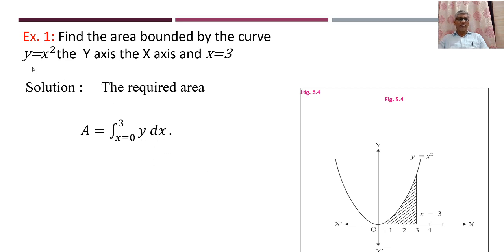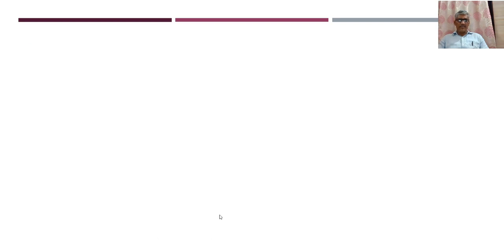But what is y? y is x square. Put y equal to x square, then integrate with respect to x. Integration of x square is x cube divided by 3, with limits 0 to 3. Then put upper limit minus lower limit.